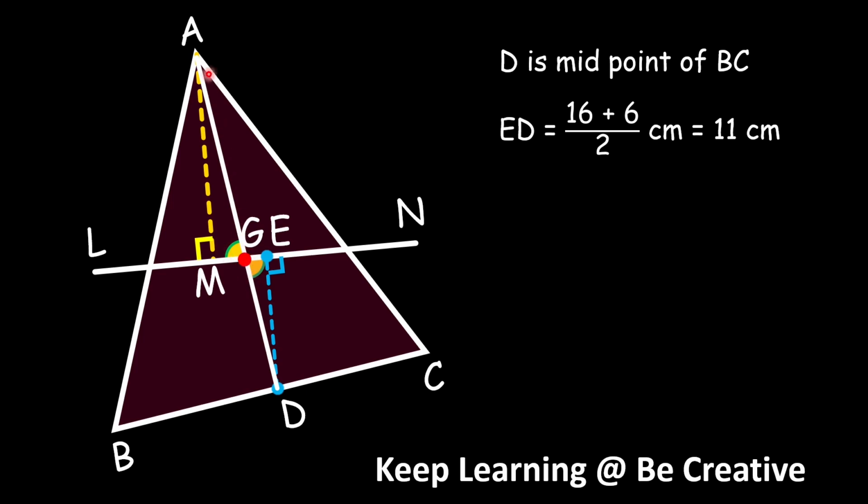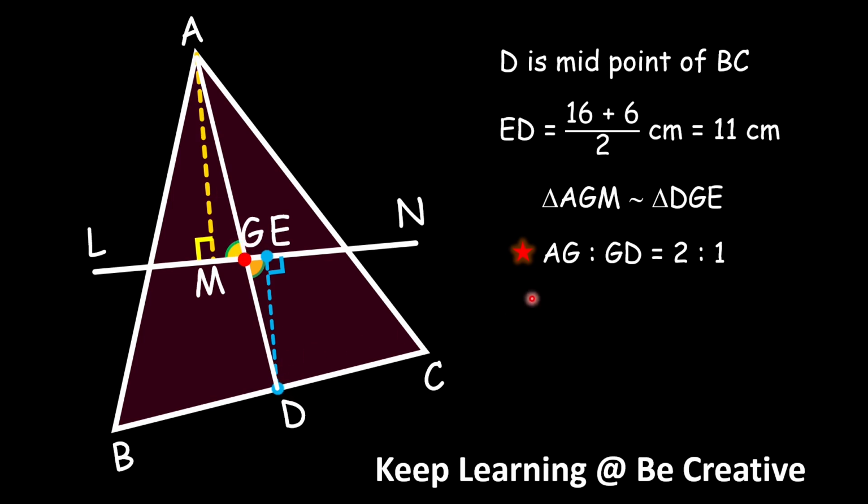So I can identify two similar triangles here, that is AGM and DGE. Now G is the centroid of triangle ABC, and the property of the centroid is that it divides the median in the ratio 2:1. That means AG is to GD is 2:1.